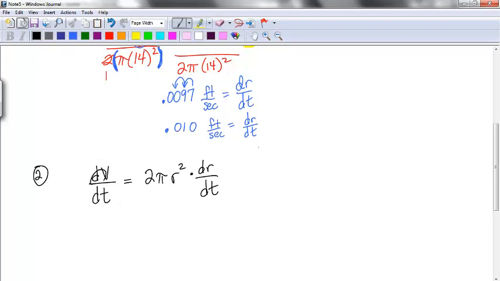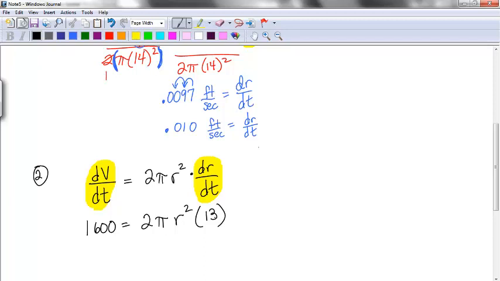Whoops, hang on. They told us the rate at which this is changing is 1,600. We don't know the radius. We're trying to solve that. They did tell us the rate at which the radius is changing is 13. Okay. Now, solve that for r.